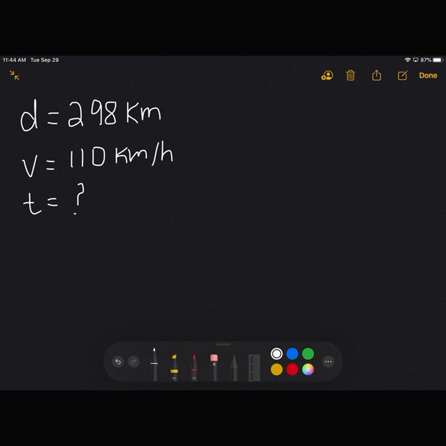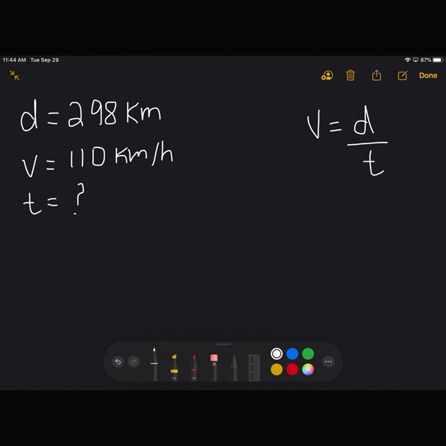Okay, so what's our formula again? V equals D over T. Yes. Velocity is equal to distance over time.